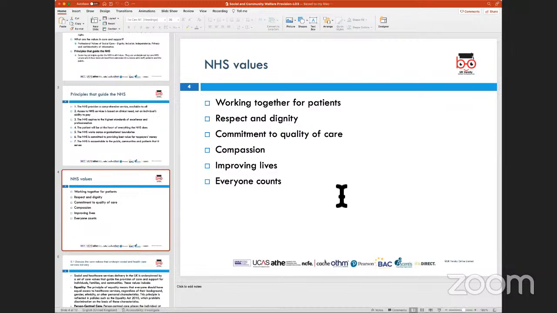So working together for patients, this is something at an organizational perspective. So when we look at values or principles that we need to adhere to when we are providing care or services to individual patients, then it is being driven at the individual level. But what would be the extrapolation of those values at the organizational level is actually given here.